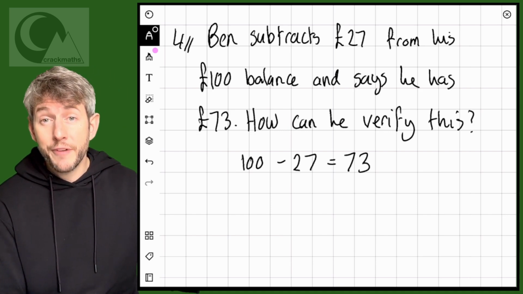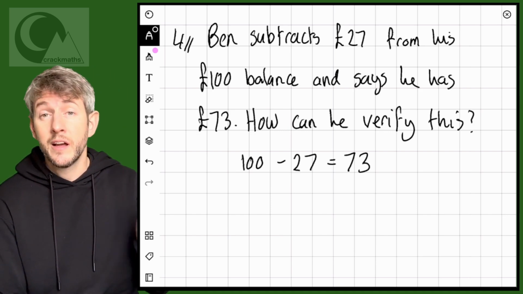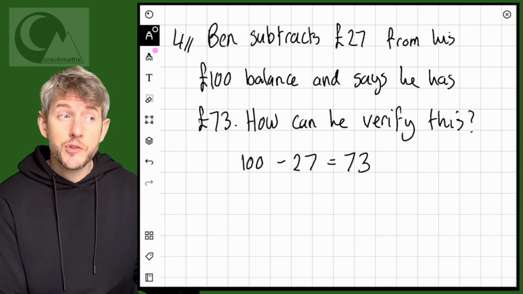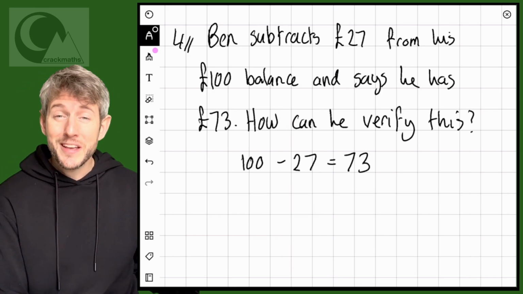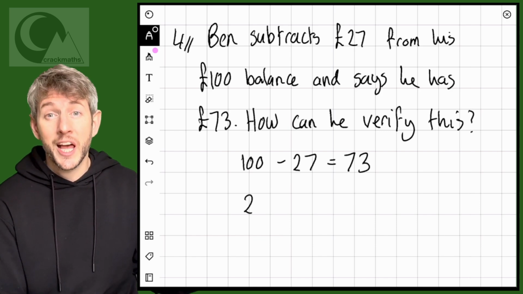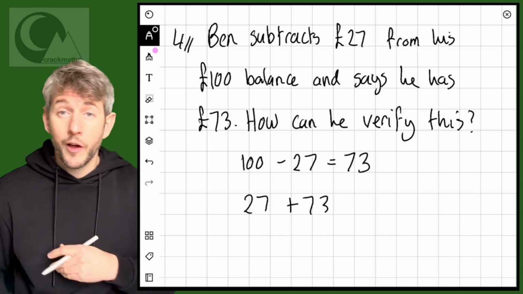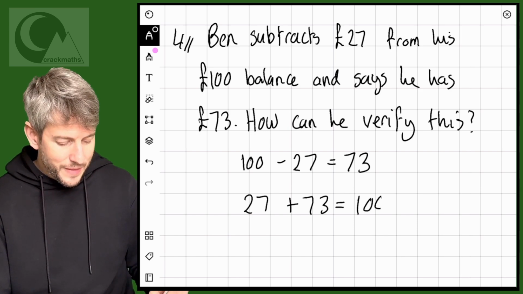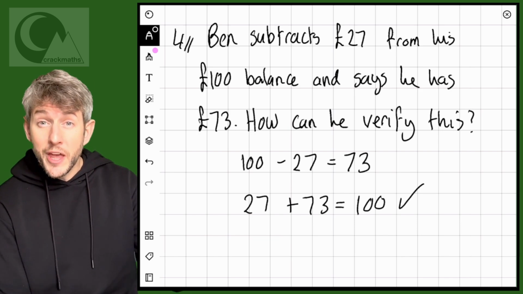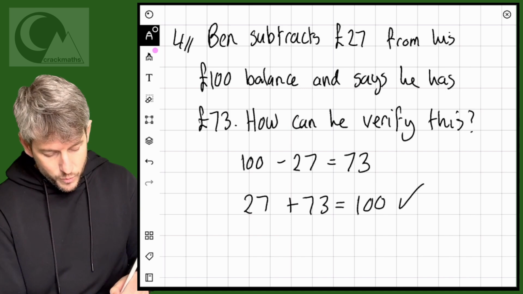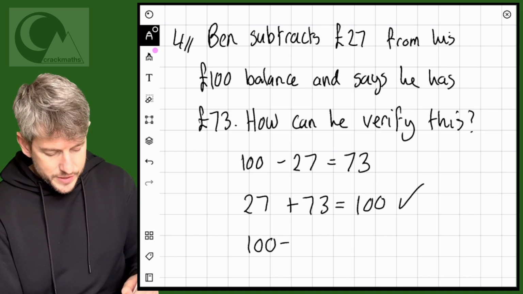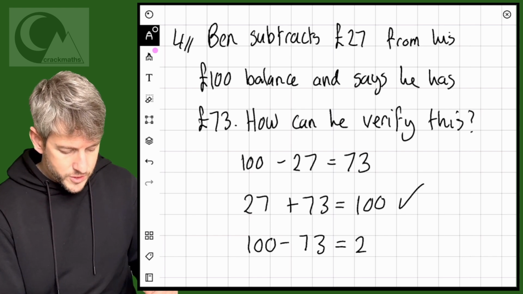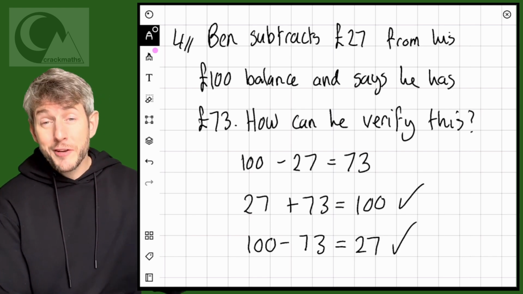The way that we can verify this is by doing the 73 add the 27, or the 100 take away the 73. So let's first of all try the 27 add the 73. Okay, I'm going to check this on my calculator, and he is correct. So yep, that is a good verification. But remember, the other verification that he could have done would have been to do 100 take away 73, and that does equal 27. Okay, great, and that's that.